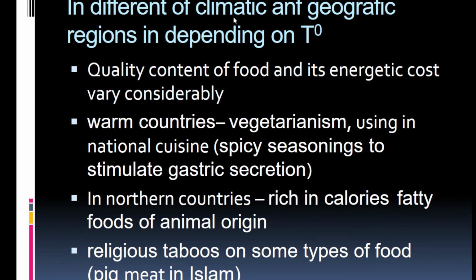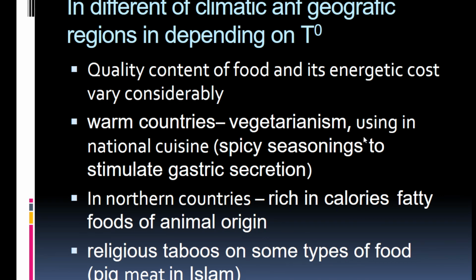And in different climatic and geographic regions, we have different quality content of food and its energetic cost. We have very considerable differences. In warm countries, for example, we have more vegetarianism and more vegetarian nutrition.